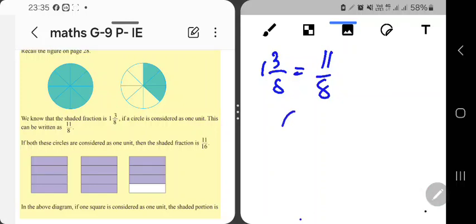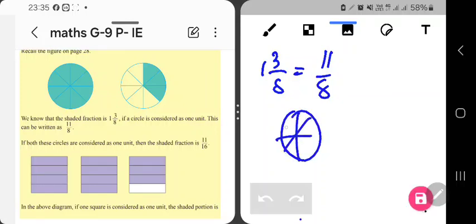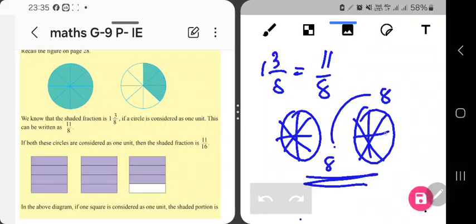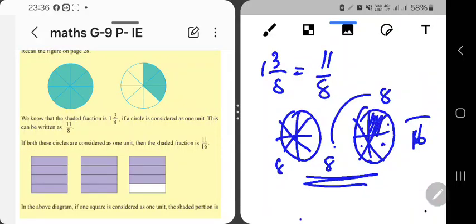So that means you have this circle, there are 8 here, and there are 8 here, and if both of these are considered 1, there are 16 equal units, 8 and 8, 16. And out of these 16, how many are colored? 8 are colored here, and 3 are colored here.